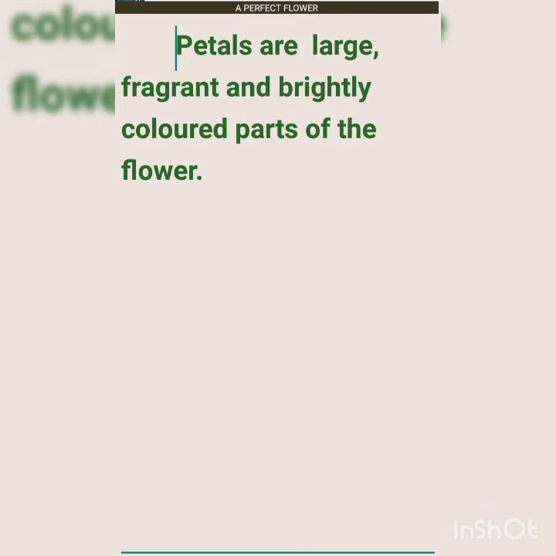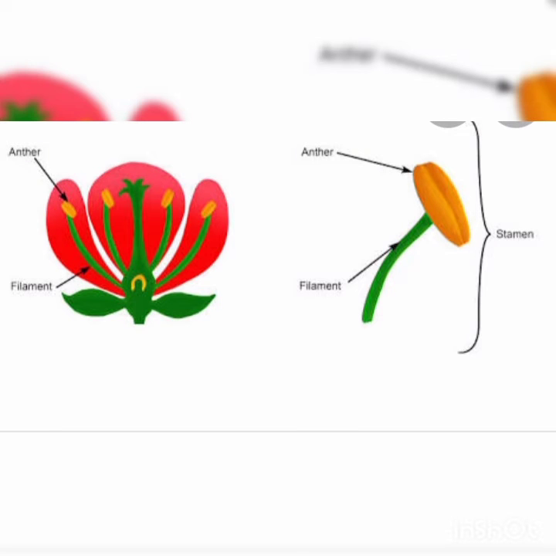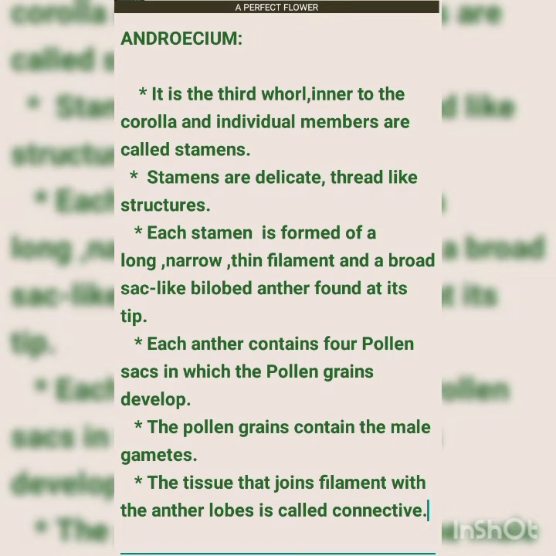Then we will discuss the androecium. Androecium is the third whorl, inner to the corolla, and individual members are called stamens. Stamens are delicate thread-like structures. Each stamen is formed of a long, narrow, thin filament and a broad, sac-like, bilobed anther found at its tip.